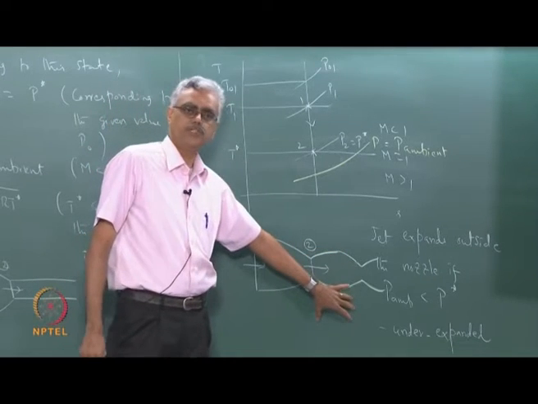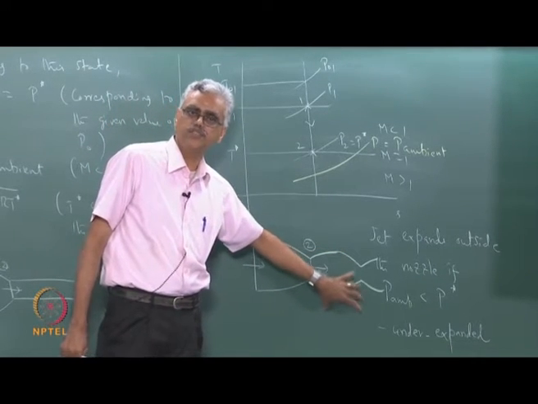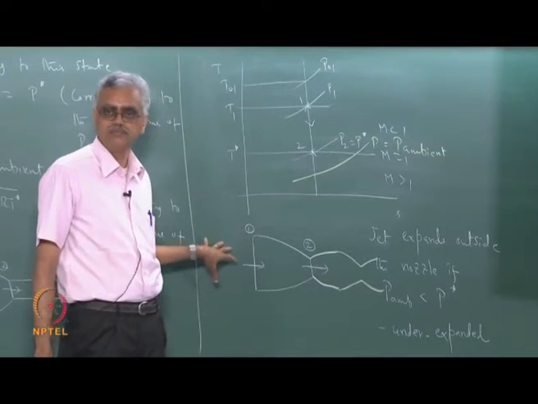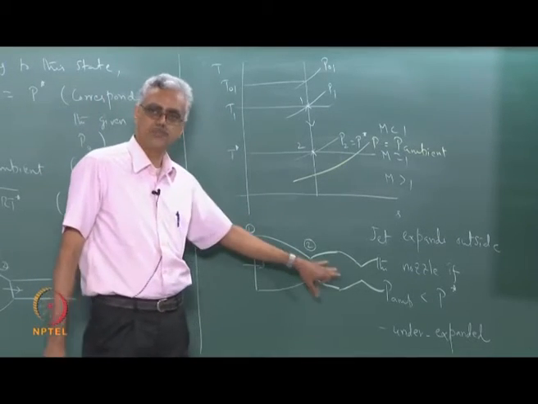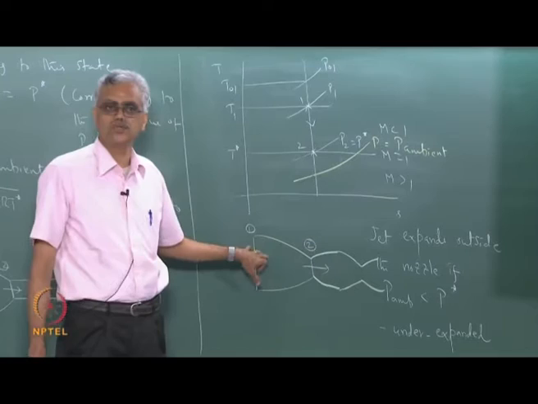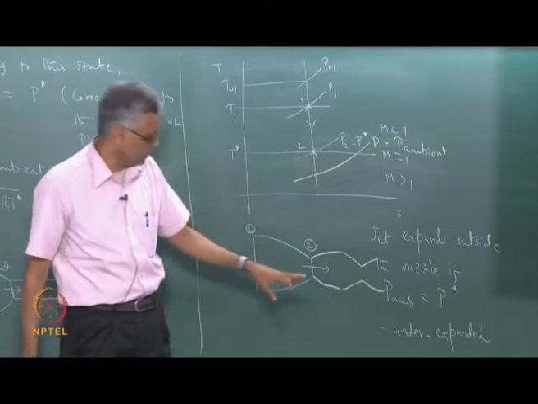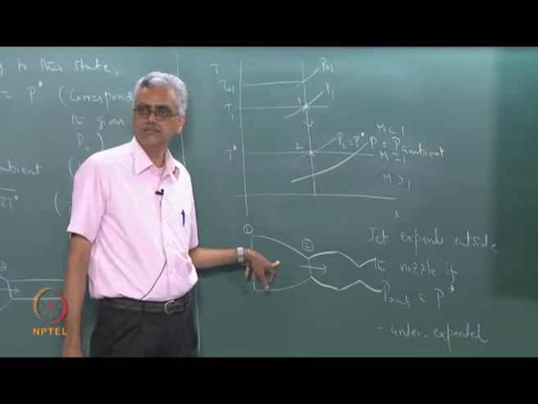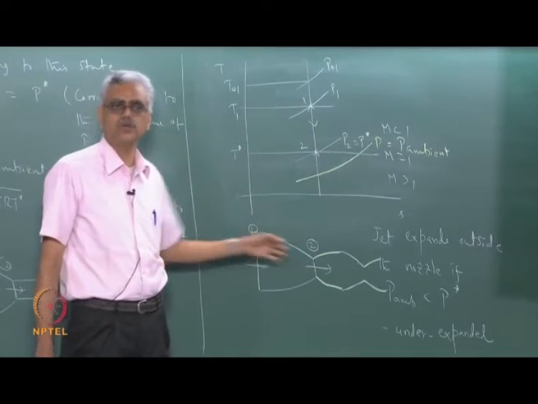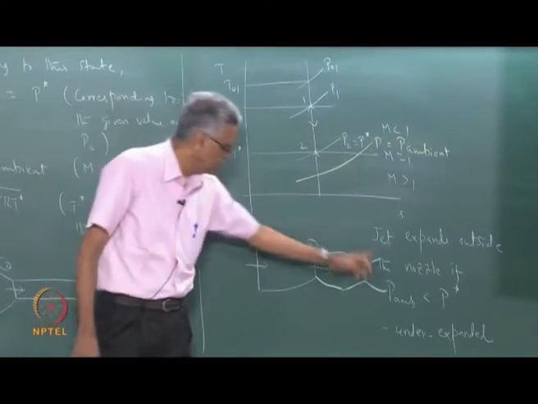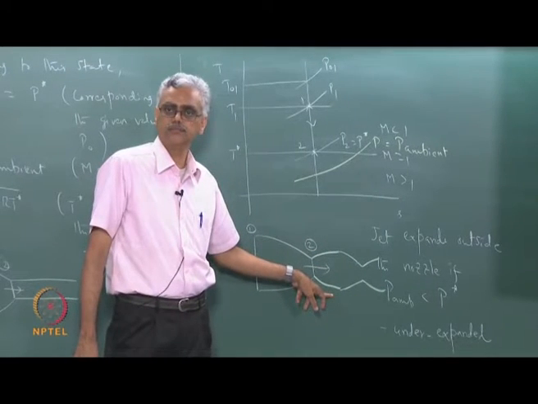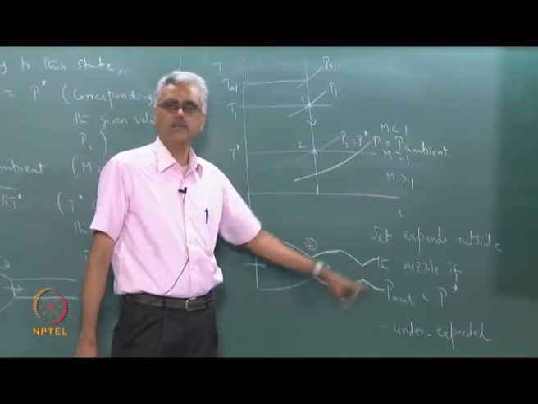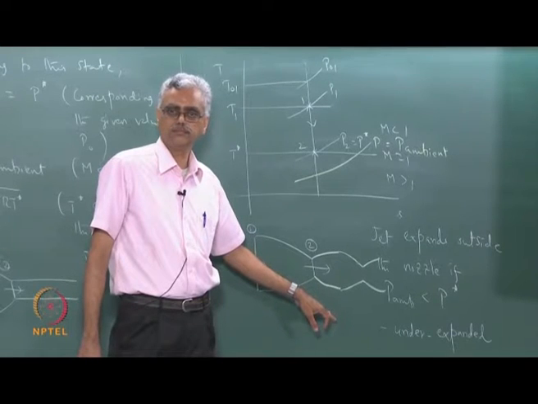Now reduction in pressure is information trying to travel upstream, but this is already traveling with the speed of sound. This pressure signal is also traveling with the speed of sound, with the result that nothing gets past this M equal to 1 location, which is why the flow upstream of the nozzle is completely insensitive to any changed pressure conditions downstream. That is a physical way of arguing this.